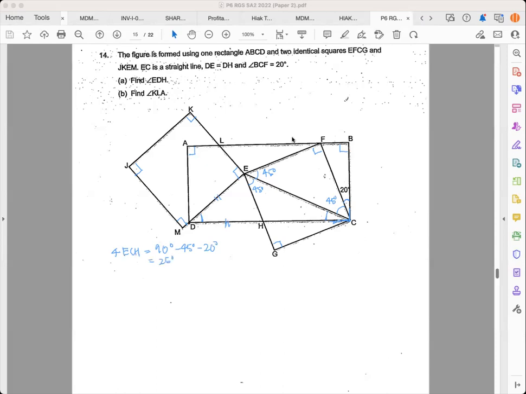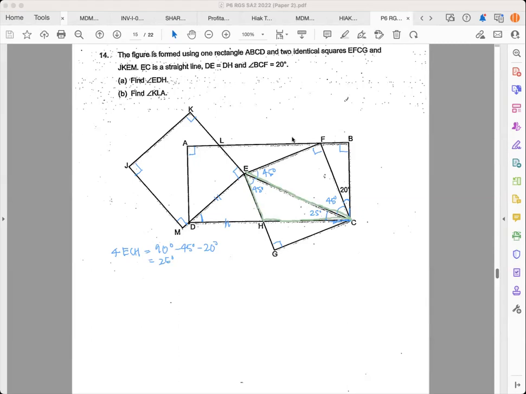So this is 25. Now focus on this triangle EHC. Angles inside a triangle add up to 180.